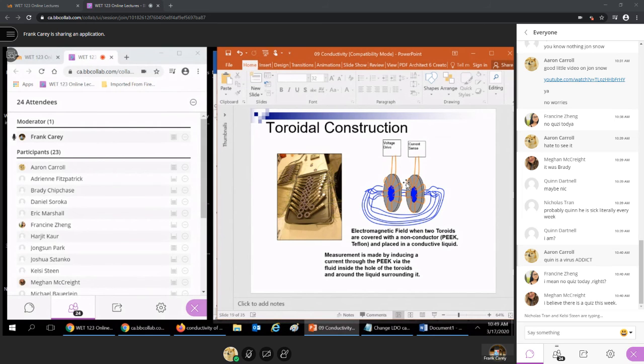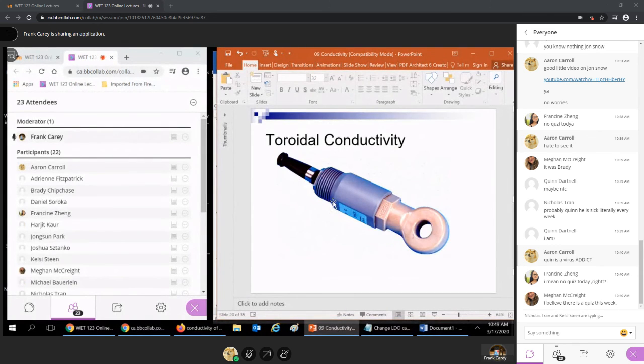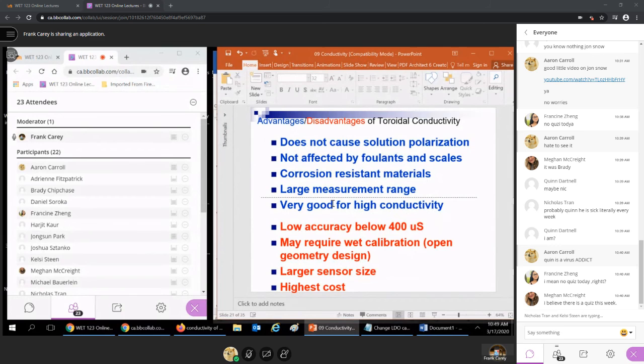Based on the amount of salts inside that water, there'll be a higher current, more voltage sensed in the second coil. So yeah, nice, simple. The problem with this is they're not that accurate, but they just don't wear out. Yeah, they work.